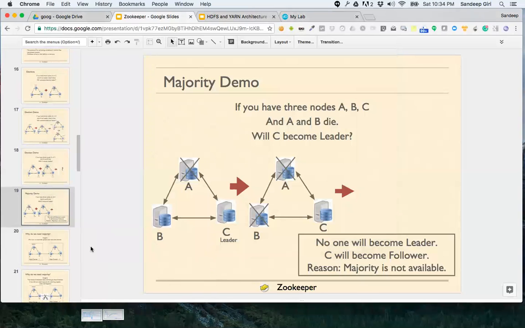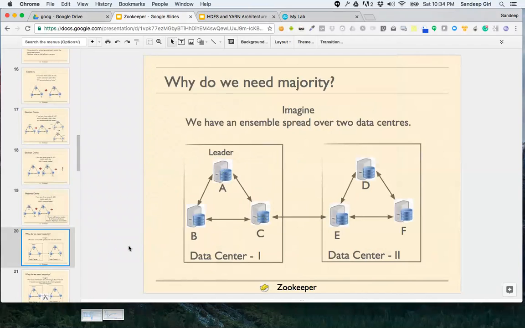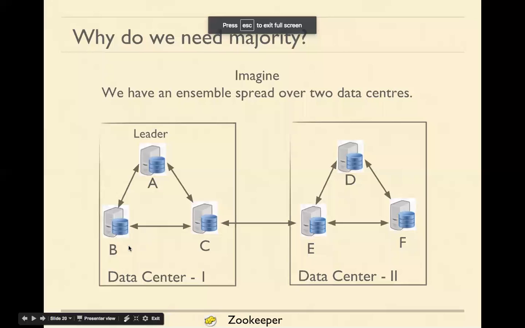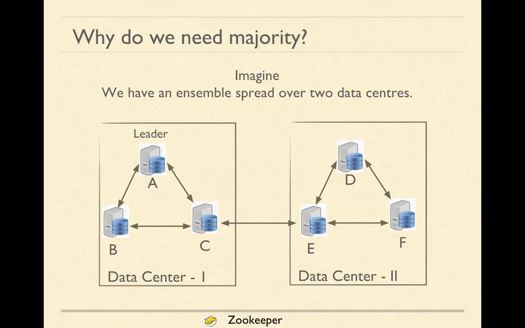All right. Let's try to answer it. And probably this diagram will answer you. Imagine that you had these 2 data centers, 1 and 2, containing total 6 nodes. 3 nodes in data center 1, 3 nodes in data center 2.